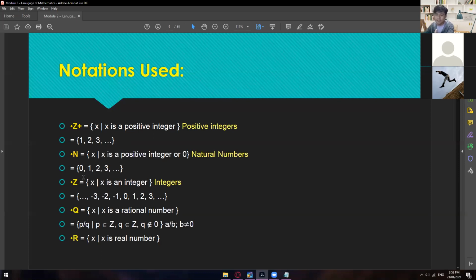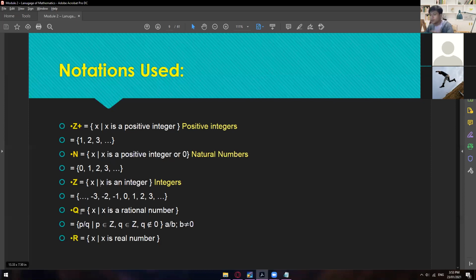When we say Z, it's an integer, so we cover the negative and the positive integers, and of course we now have to include 0. There is another one which is not included in here, Z minus, which only considers negative integers. In that notation, you start at -1 and increment by -1 to infinity.